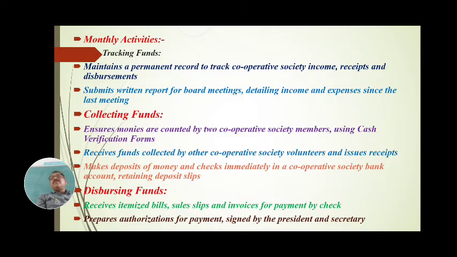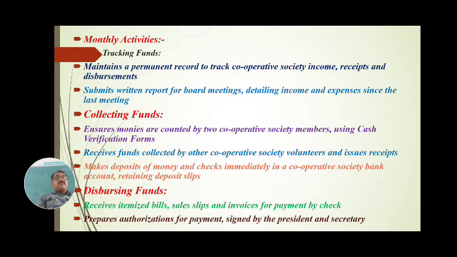Those funds are given by the state government and the central government, and on what these funds are utilized, how they are utilized, which slips and bills, whether they are original slips or only duplicate slips, means again selling and buying different products and different activities. Receive itemized bills, sell slips and invoices for payment of check.